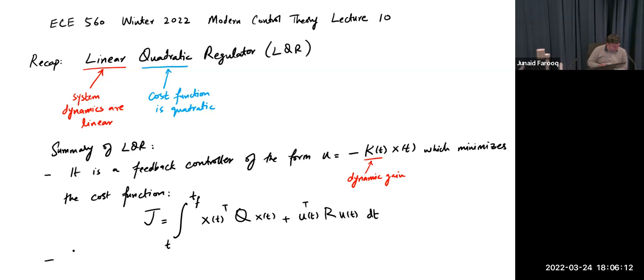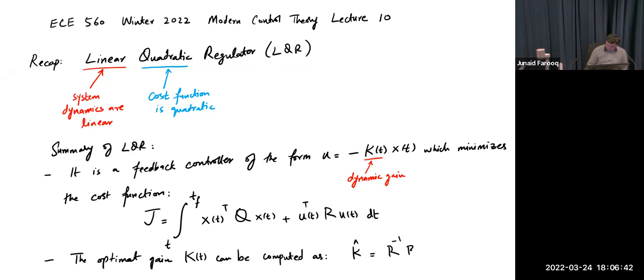So last time we also derived that gain. So we said that the optimal gain K has a specific form, right? So that K of t can be computed as K equals R inverse B transpose M hat. Right, so if you remember, this was the eventual result of the LQR controller.